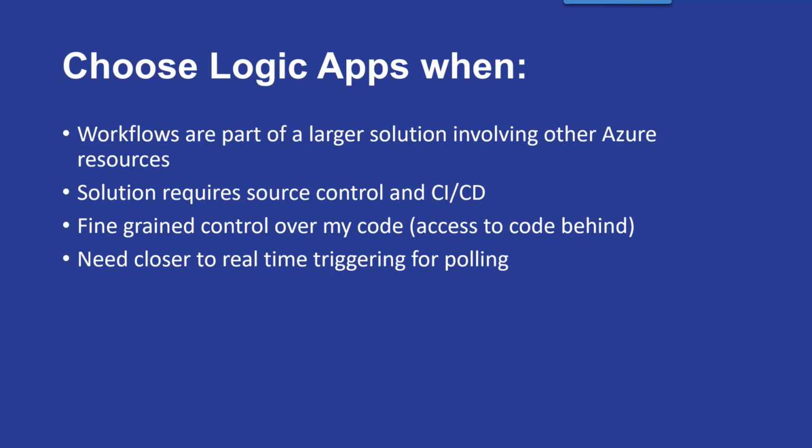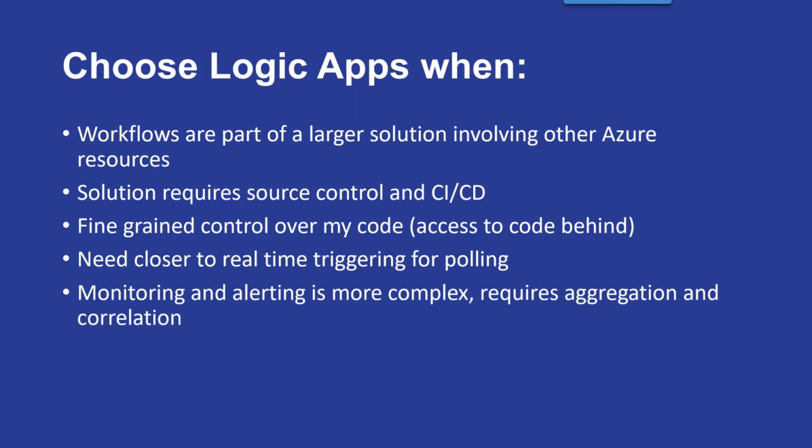So if you need to poll data, but you need to be really close to real time, you need to poll like every 30 seconds or something like this, then you still need to choose Logic Apps for that. Chances are that you're probably going to end up with a different solution instead of polling every 30 seconds anyway, but there are things where if you need that requirement, you're locked into Logic Apps.